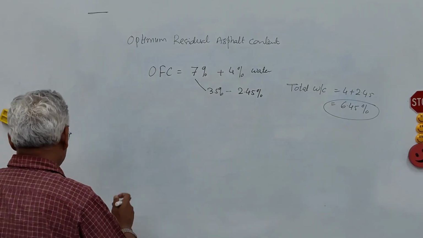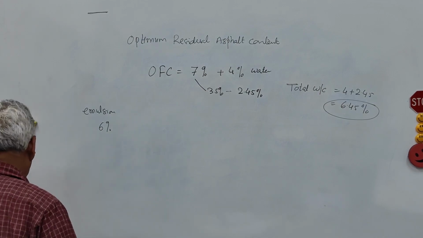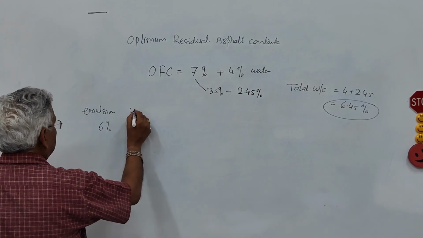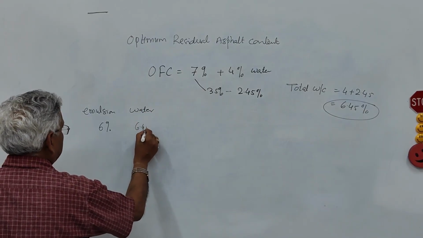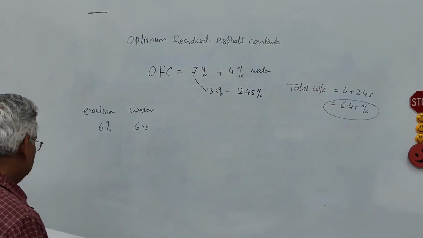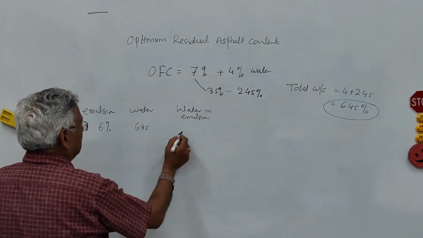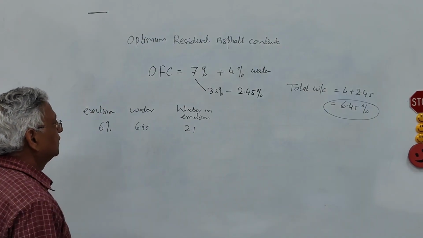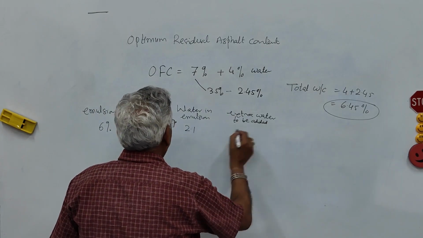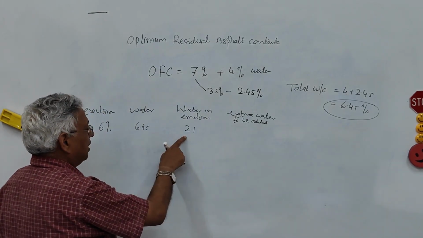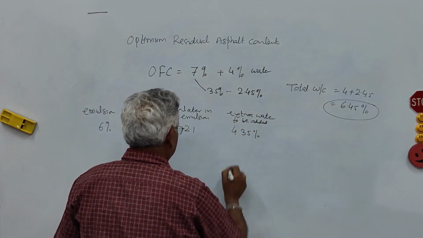So if you consider, let us say, emulsion 6% by weight of aggregate, water will be 6.45%, and water in the emulsion is 35% of 6, that is 2.1%, and therefore the extra water to be added is 6.45 minus 2.1, that is 4.35%.